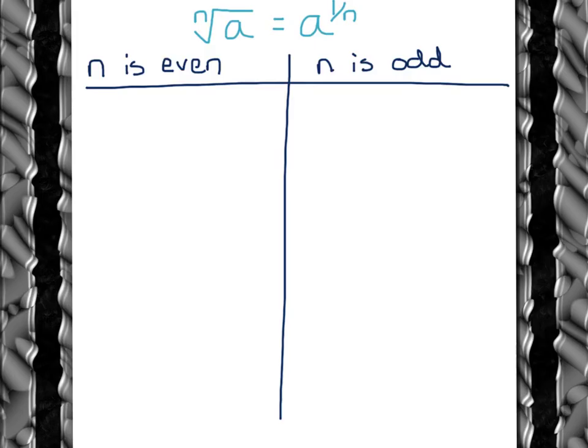So for our nth root of a, which is the same thing as a to the 1 over n power, if n is even, if we're taking even roots, square roots, 4th roots, 6th roots, then we can't take even roots of negative numbers. So if n is even and a is negative, we will not have any real roots. And we're not going to play with imaginaries here, so don't worry about that. We're just going to have no real roots.